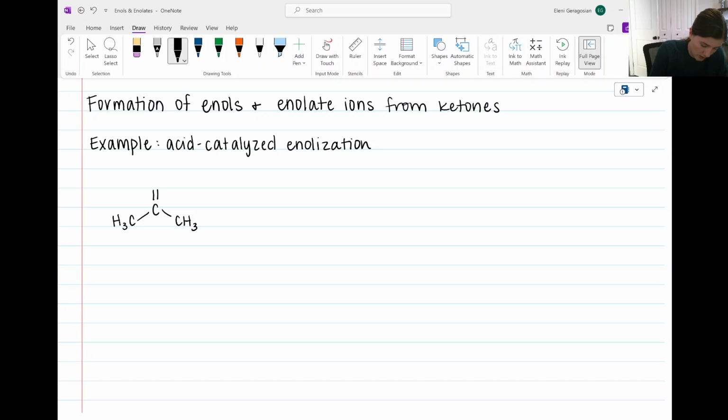So we have our ketone. We're in acidic conditions. So if that's water, we'll just say that's water. We have this acid present, H3O+, or some acid in the presence of a ketone. First step is protonating carbonyl oxygen.